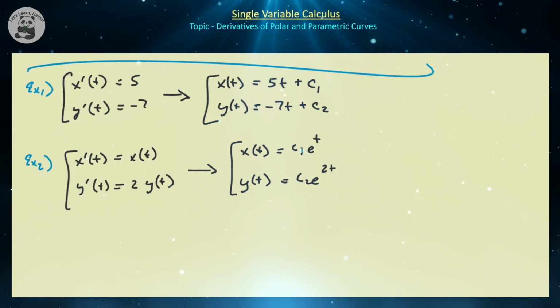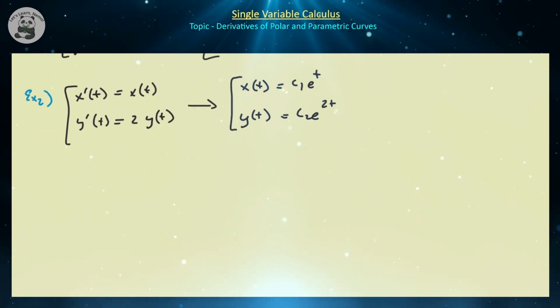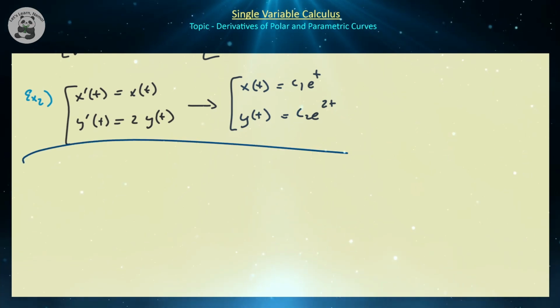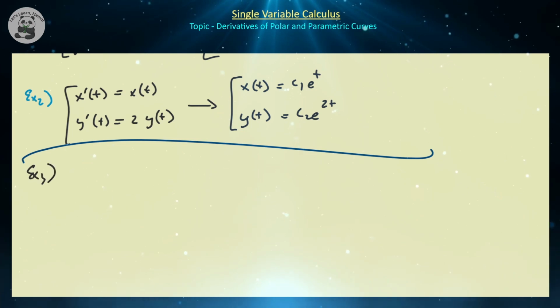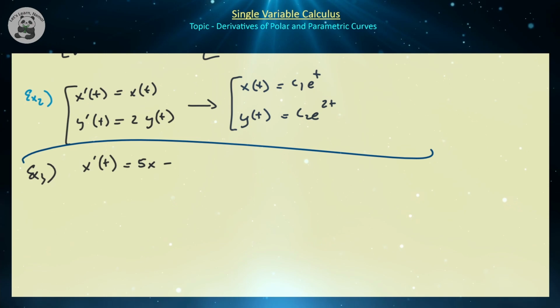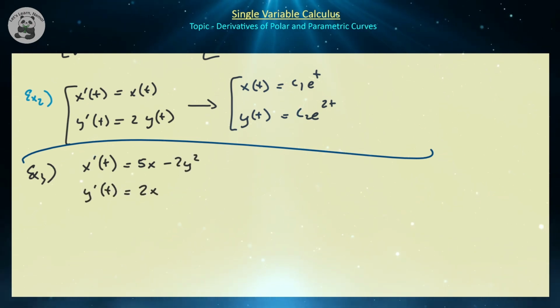So those are pretty easy, but what if we have both x and y inside the relations of x' and y'? Let's take a look at that. Say x'(t) is equal to 5x minus 2y squared, and y'(t) is equal to 2x plus 8y.